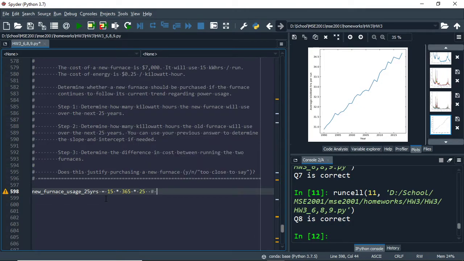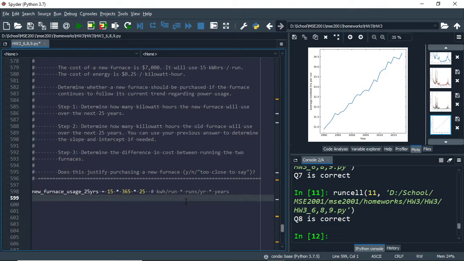We're going to go ahead and note this down: kilowatt hour per run times runs times years. And that should get us the right answer of kilowatt hours total over 25 years.